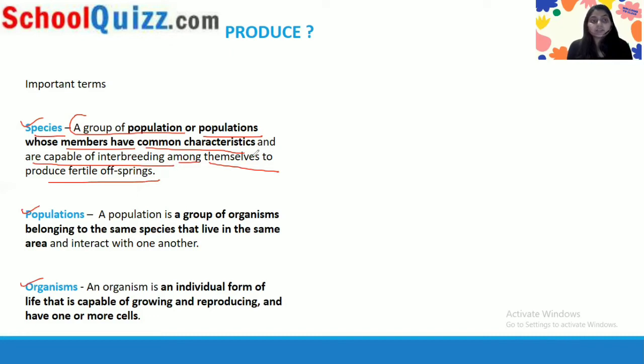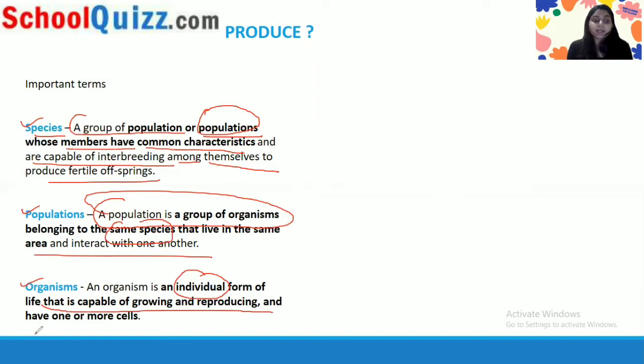Remember, this is a group of populations. And what is a population? A population is a group of organisms belonging to the same species that live in the same area and interact with one another. And what is an organism? An organism is an individual form of life that is capable of growing, reproducing, and has one or more cells.